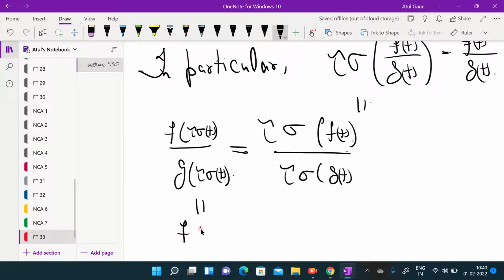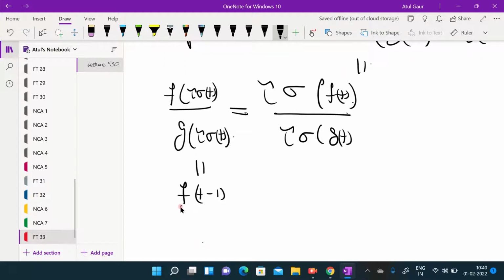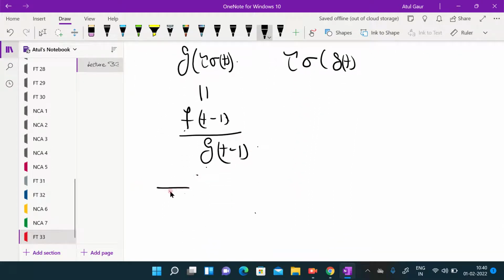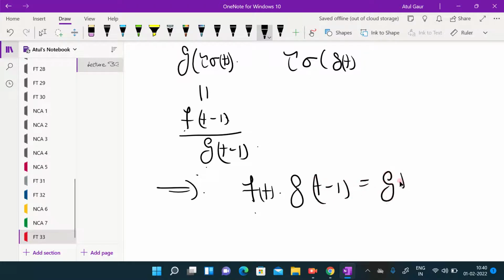So this is the same as f(t minus 1) mod g(t minus 1). So that means this equals f(t) mod g(t). So this means f(t) g(t minus 1) equals g(t) f(t minus 1).